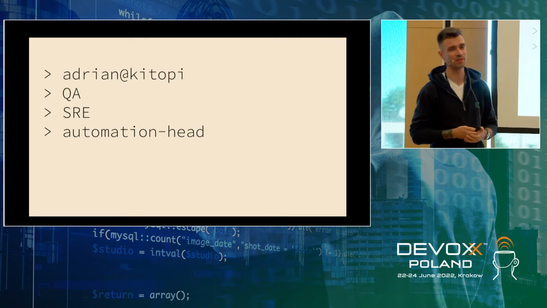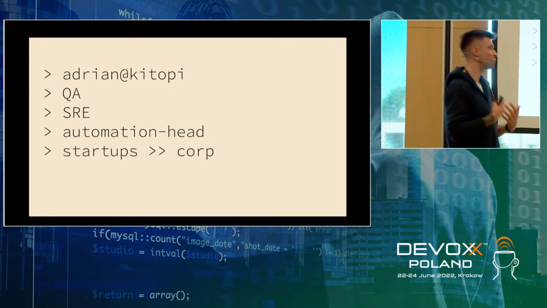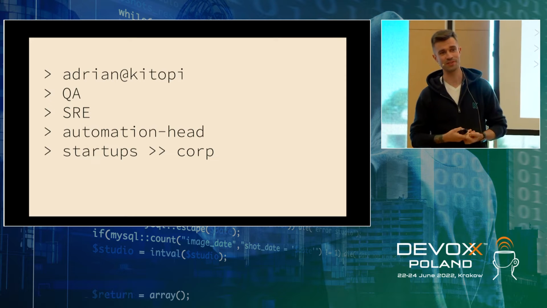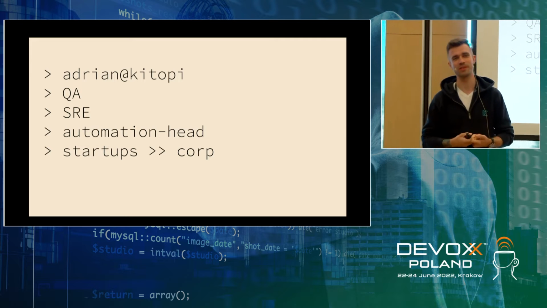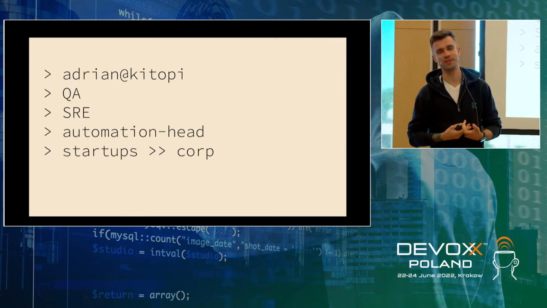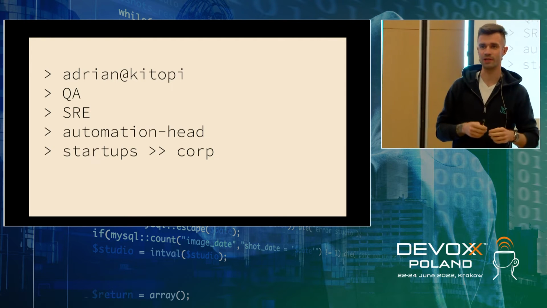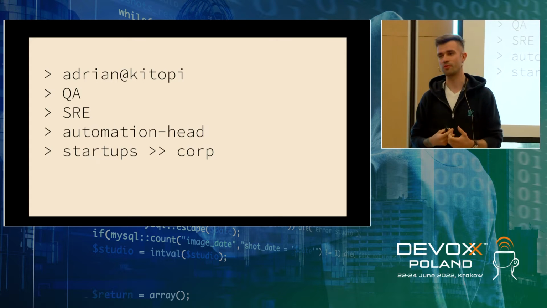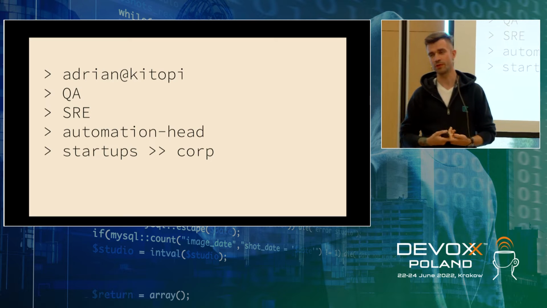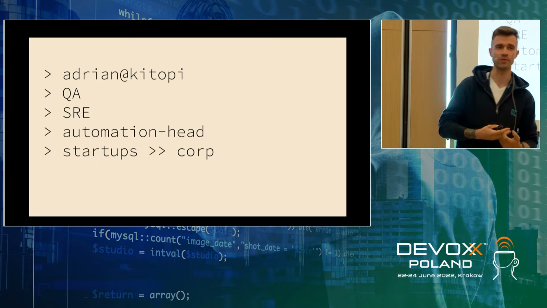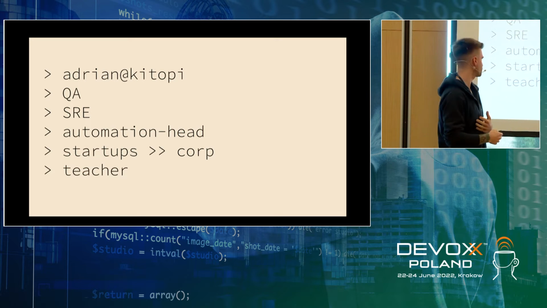I prefer startups over corporations; I don't tend to bond with big companies. That's why mostly my background is in startups, in quotation marks, but I prefer smaller companies. Even though Kitopi is over 2,000 people, the engineering team is around 100, and we are based in Krakow.